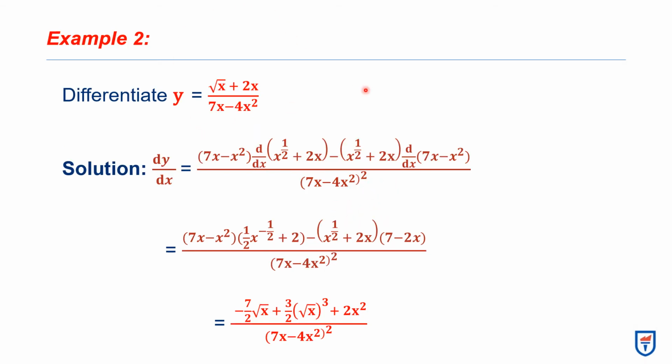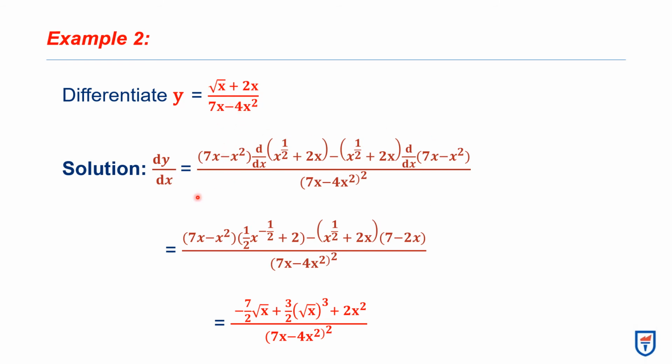Let's look at our second example, which says differentiate y equals root x plus 2x divided by 7x minus 4x squared. We all know that the square root of x is the same as x to the power half, so we can change the square root of x into x to the power half. So for the solution of this question, we find the dy/dx, we label our numerator as our f(x) and our denominator as our g(x), then we substitute into the formula for our quotient rule.